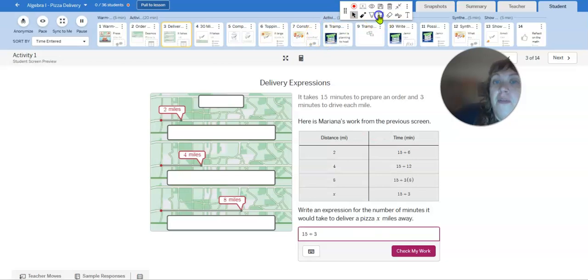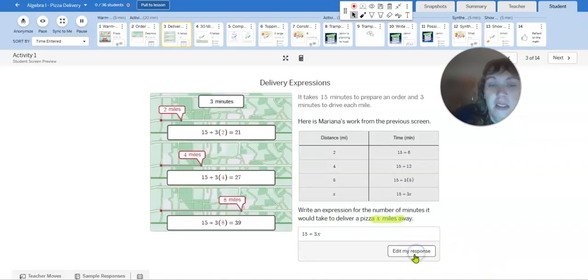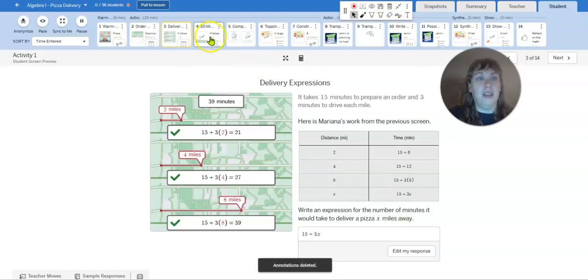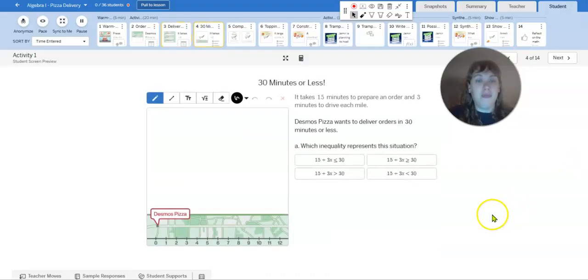Now this number of miles that we have here is just x miles. So we're just doing 3 times x. And when you do that, you can see that our 21, 27, and 39 are all correct and work with that equation. Beautiful. Slide 4.